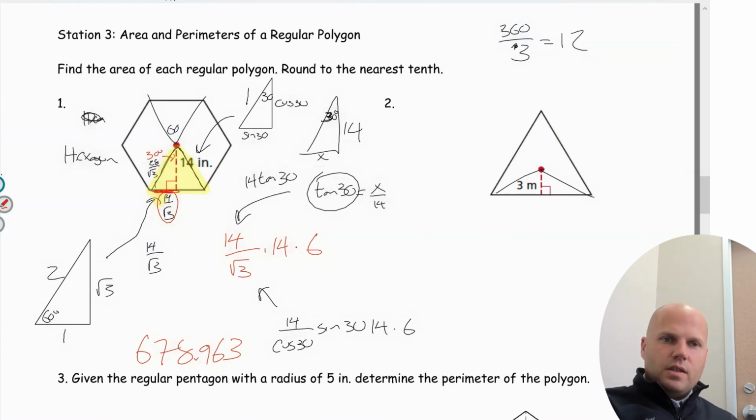So that means this angle here is 120 degrees. Split that in half, and these angles are 60.